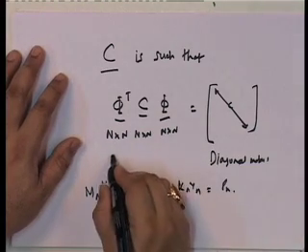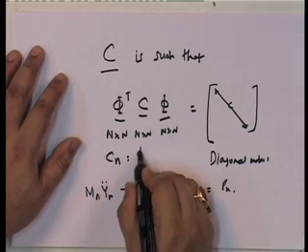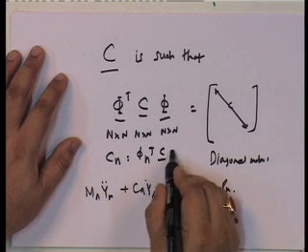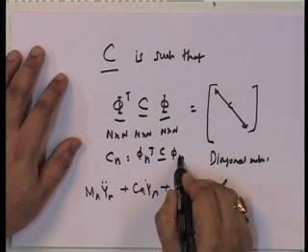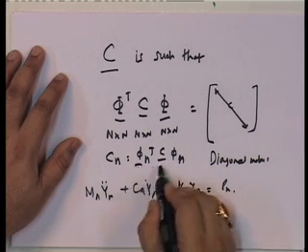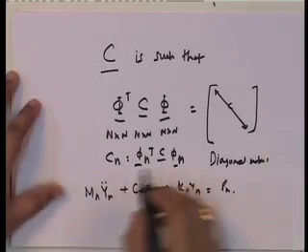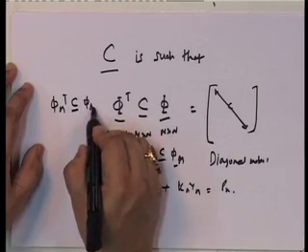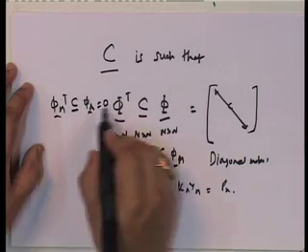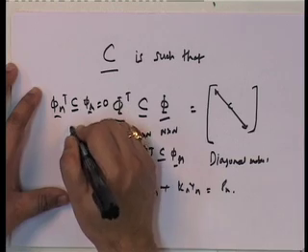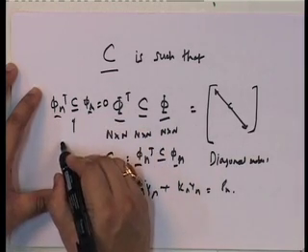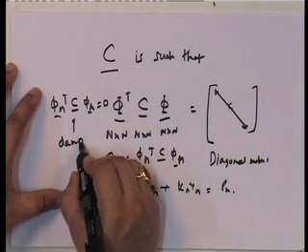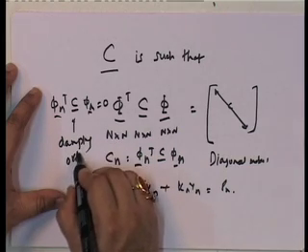So, in other words, C_n is equal to phi_n transpose C phi_n, and phi_n transpose C phi_m is equal to 0. In other words, it is also damping orthogonal.